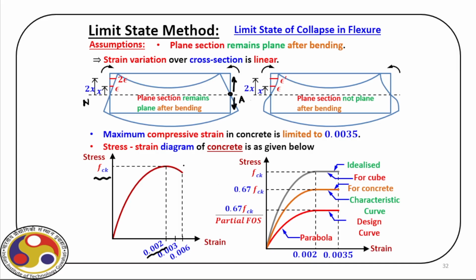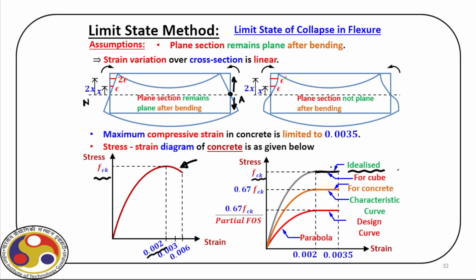So from this actual curve, we start with this idealized curve, and the idealization is done beyond this point. The moment we reach 0.2% strain, beyond this point it is linear. That means we have this fck value reached.